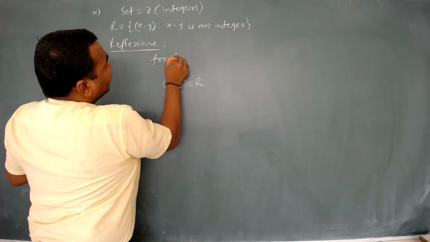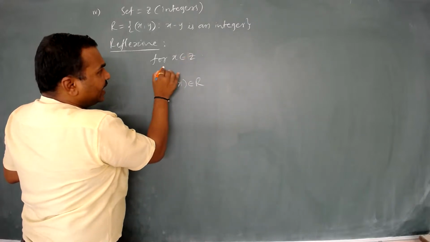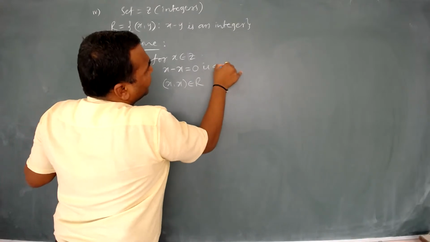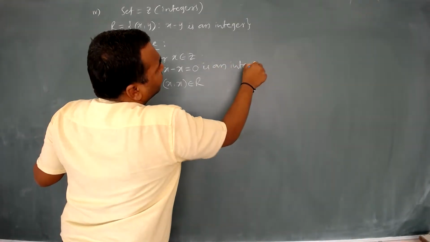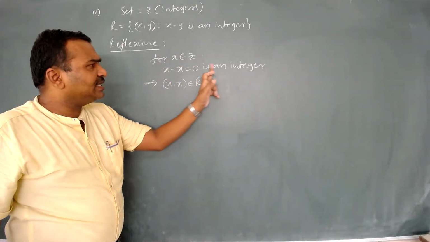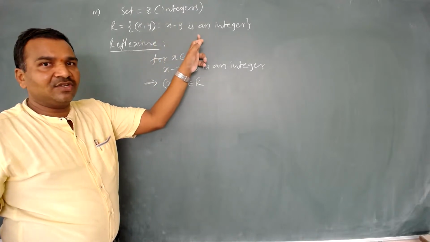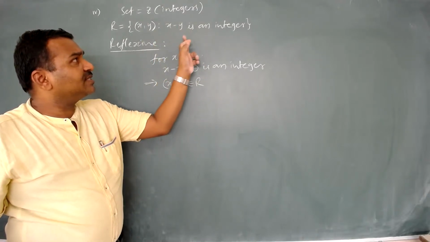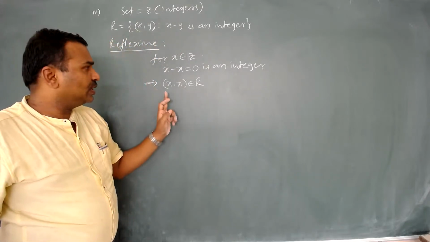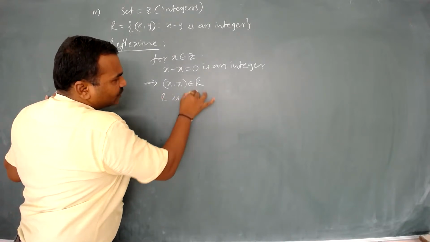For any integer x, what is x minus x? 0 is an integer. So x minus x is an integer, which means x comma x satisfies the condition. So x comma x is an element of R. Therefore, R is reflexive.